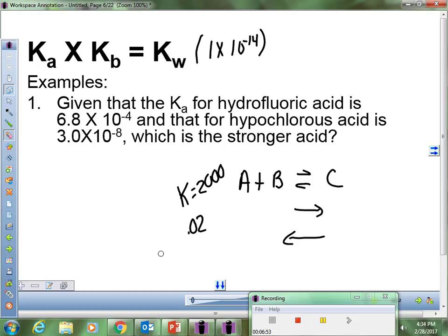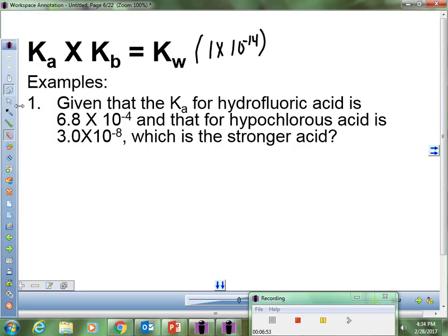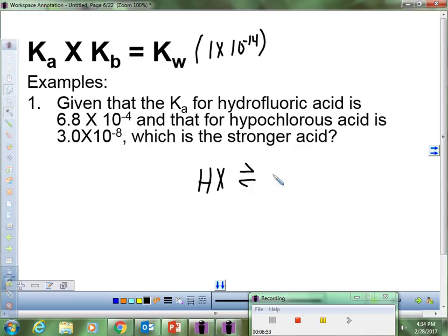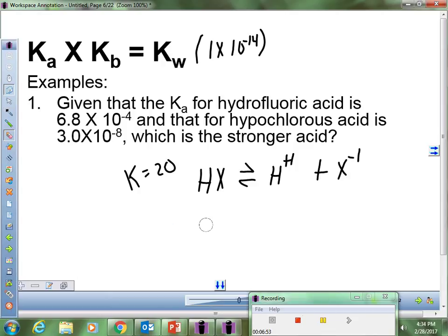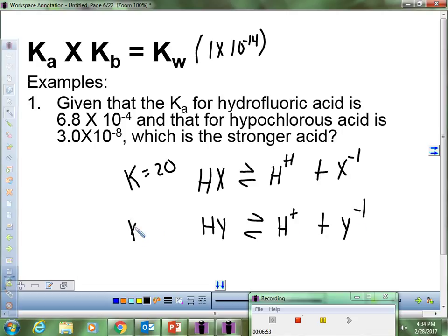Well, if we start talking about acids, their K is talking about how well they break up. So if we talked about HX, just some random acid breaking up, and we said that it had a K of 20, and HY had a K of 300.